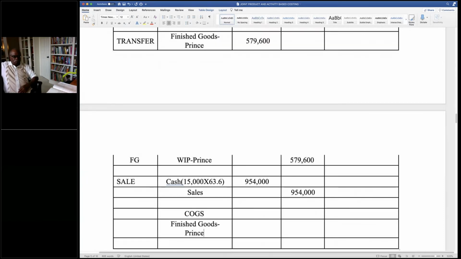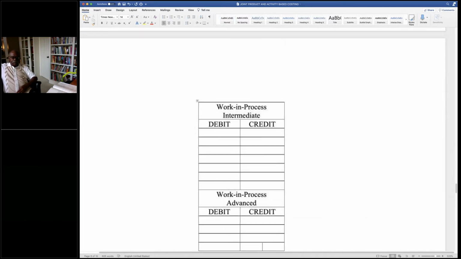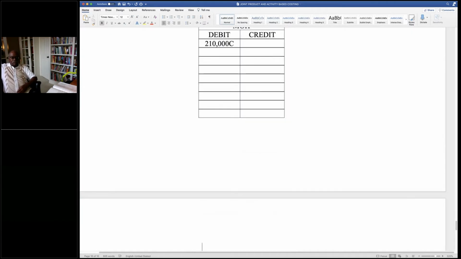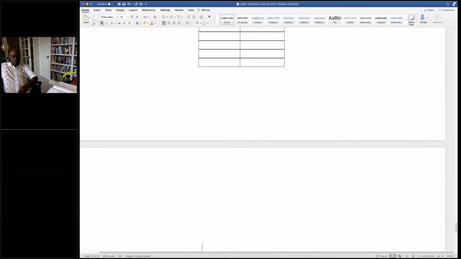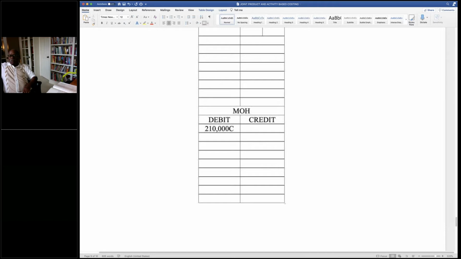All right, and to get the cost of goods sold and the finished goods principals, we're going to scroll down to the bottom of our T chart because we already calculated the cost of goods for principals. Which was 483.